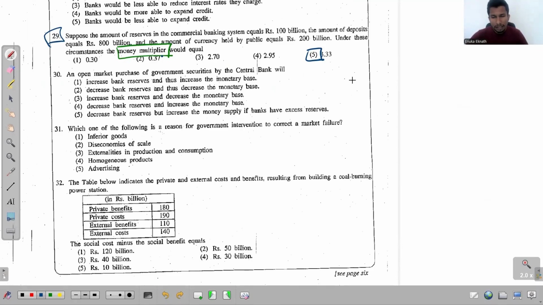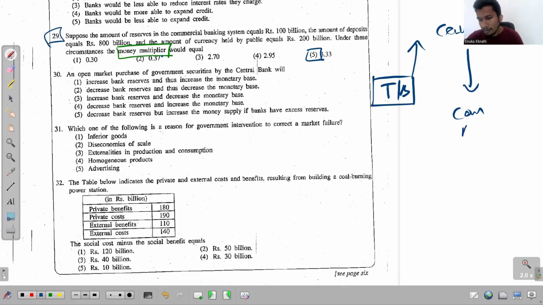So when that happens, what happens to the reserves of a commercial bank? What happens to the cash balances of a commercial bank? The commercial bank sells treasury bills or maybe treasury bonds to the central bank, and in return, the commercial banks receive money.